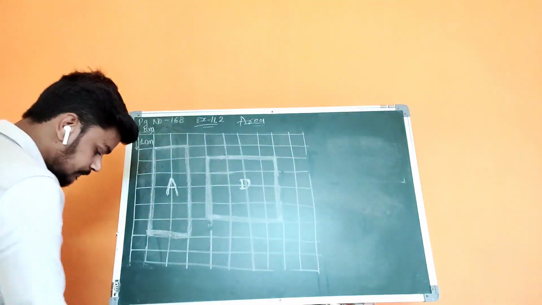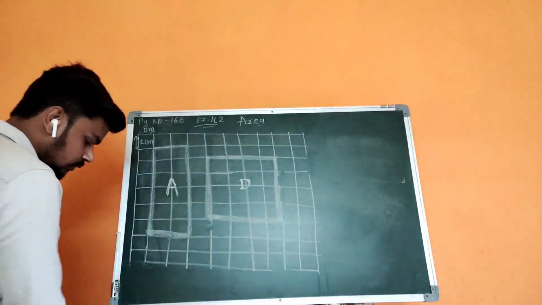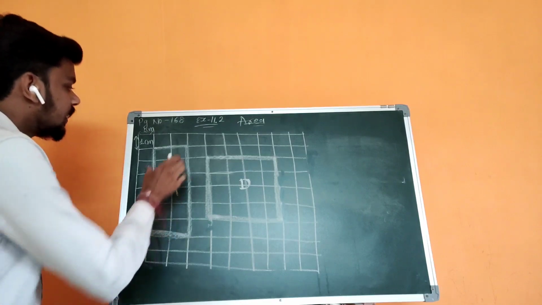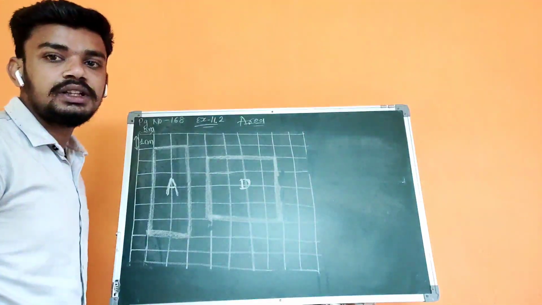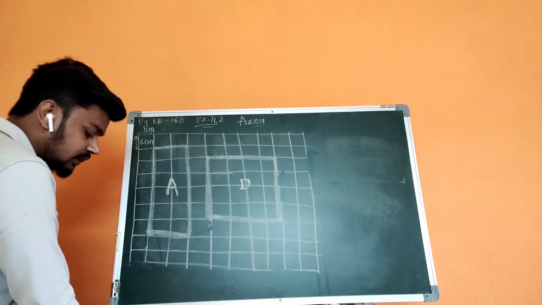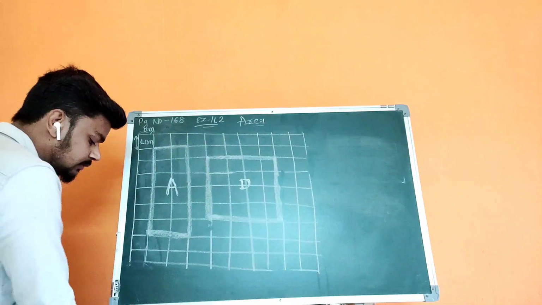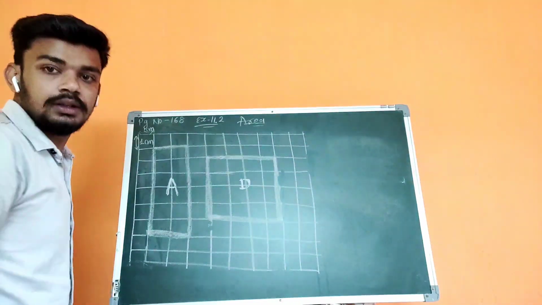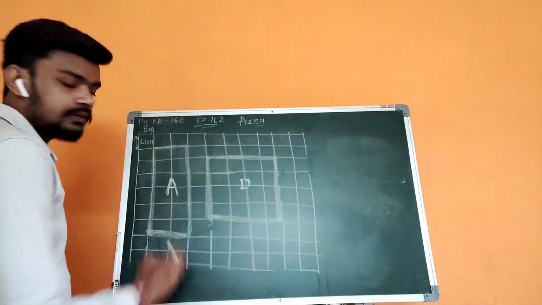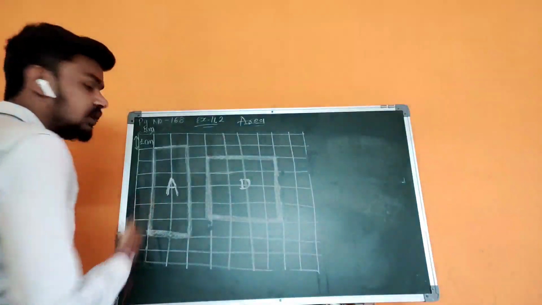I have drawn A and D. We just have to find the area by counting the number of square units. The number of square units is the area of that figure.